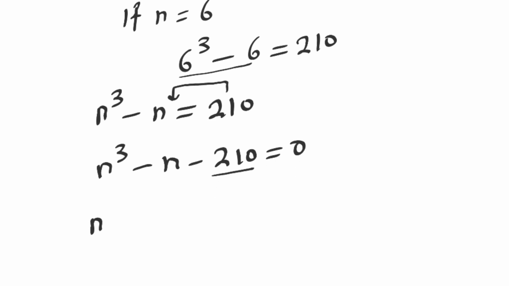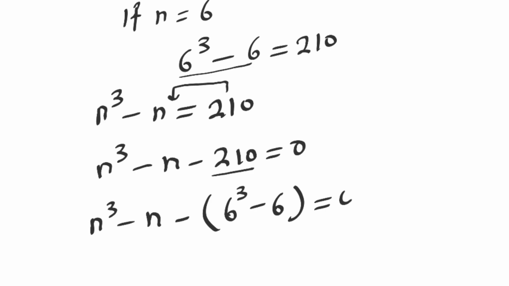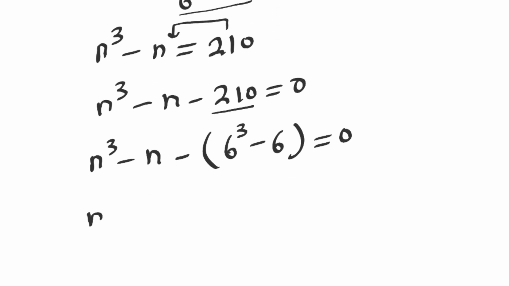This is n raised to power 3 minus n minus bracket 6 raised to power 3 minus 6 is equal to 0. If you open the bracket with this negative, we have n raised to power 3 minus n minus 6 raised to power 3 plus 6 is equal to 0.